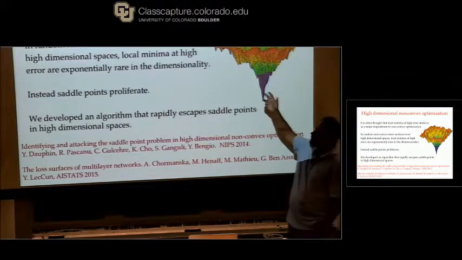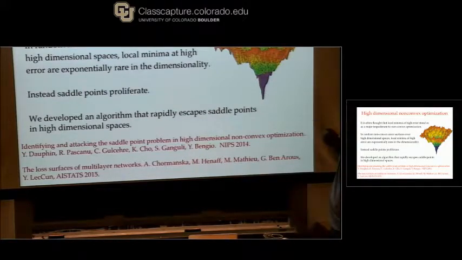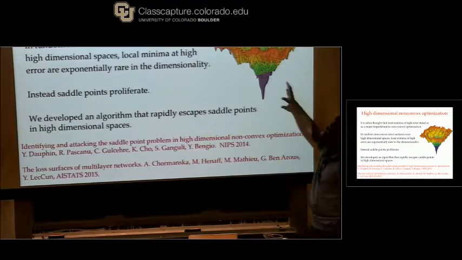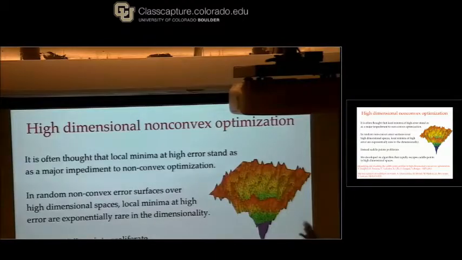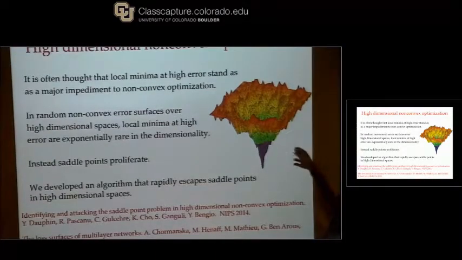It was often thought that local minima at high error stand as a major impediment to non-convex optimization. And the reason that was such a prevalent idea, perhaps in the optimization community, is if you just draw a random error landscape over a low-dimensional space, you could indeed have many local minima at high error, right? This is a cartoon of a protein folding funnel landscape.